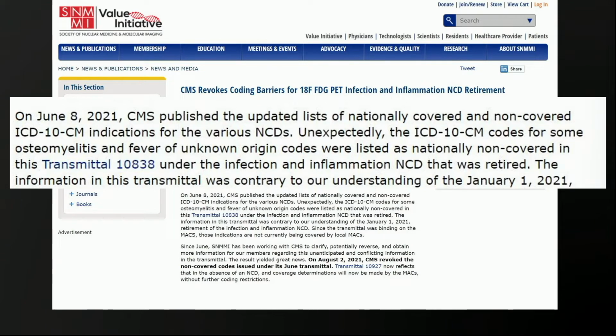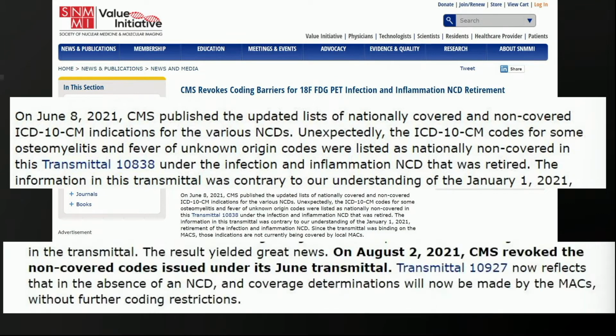So that also kind of put a stop to outpatient infection and inflammation imaging. But we were very happy that, after talking with CMS, about 2 months later in August, they revoked the non-coverage codes initially submitted in June. And now there's no restriction on outpatient infection imaging for FDG PET-CT.